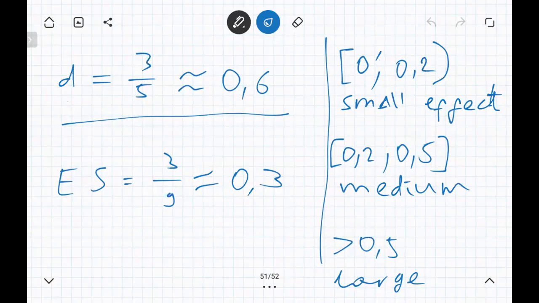It's either a very large change in several persons, in several entries, or it's a small change, but in all of them.